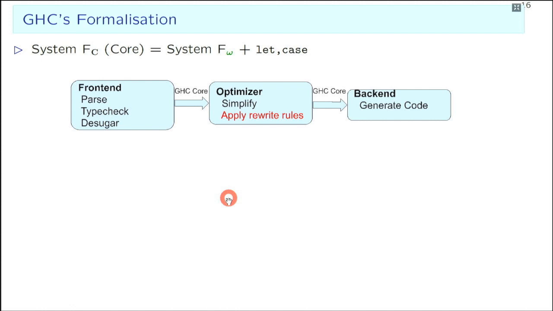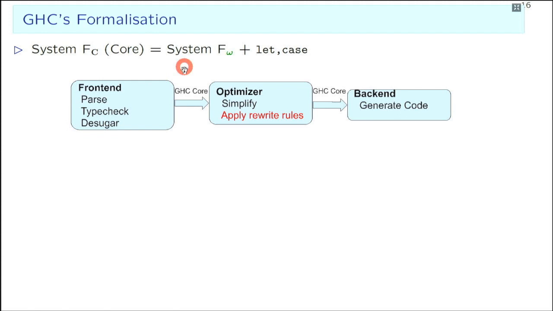Before stating the system FRE, we need to review how GHC itself is formalized. GHC is formalized using the system FC, which is roughly an extension of system F omega with let and case expressions.